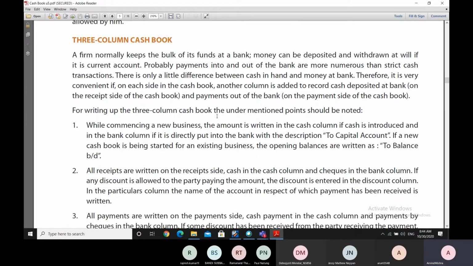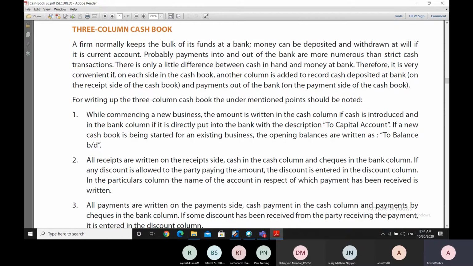So for writing up the 3-column cash book, we can note the points like this: whenever we are starting a new business, the amount is written in the cash column. In case cash is introduced, we write that in the cash column as cash introduced.